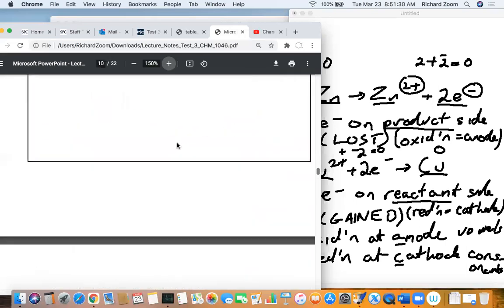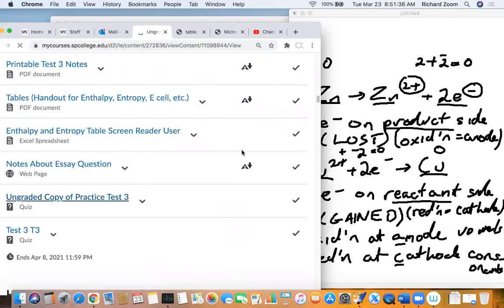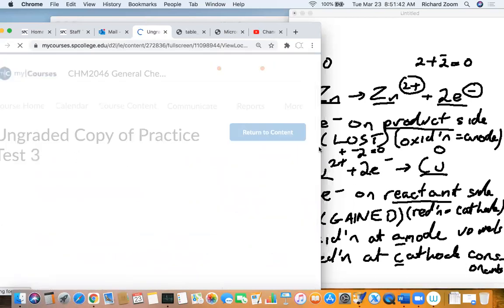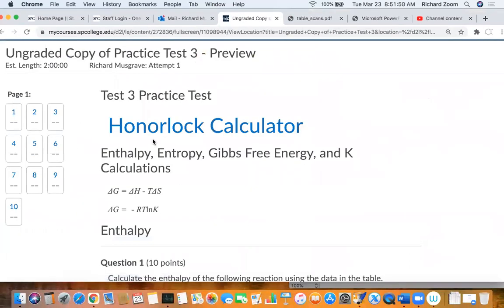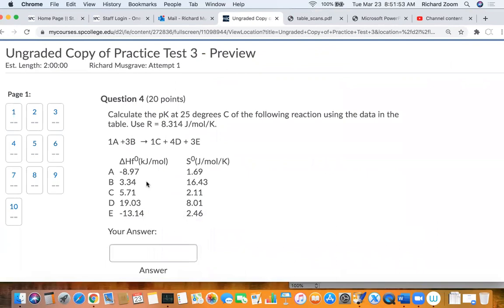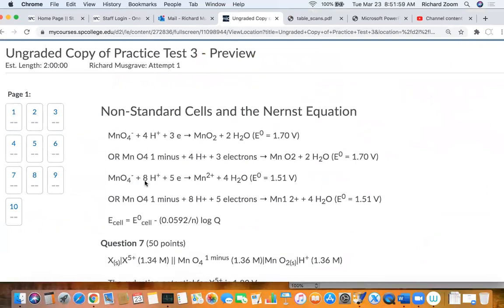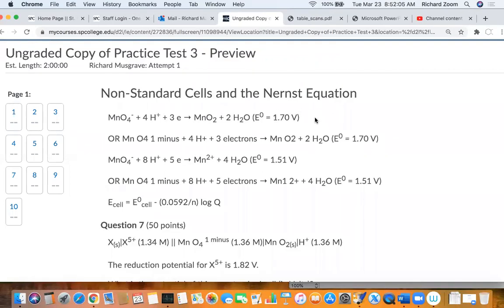Okay. All right, let's take a look at the kinds of questions you're going to see that relate to this. What I do is give you some of these from the reduction potential table.